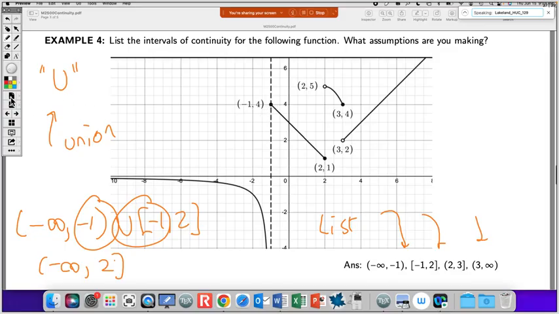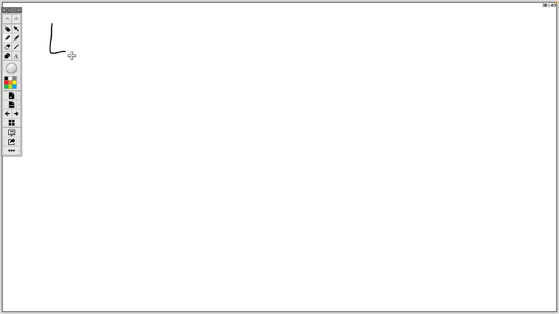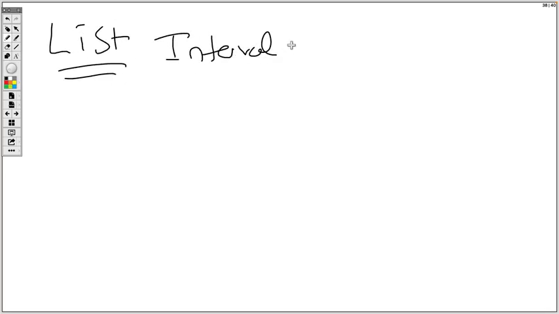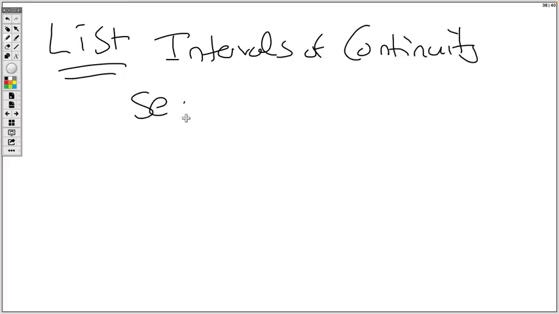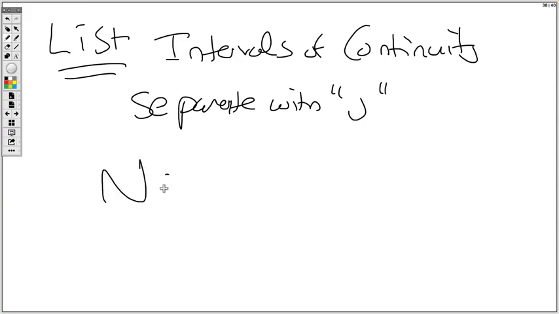So we list intervals of continuity. We separate with commas. We don't use unions.